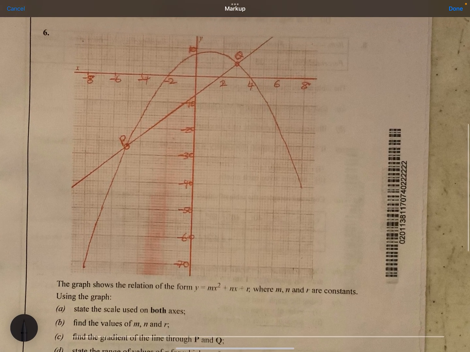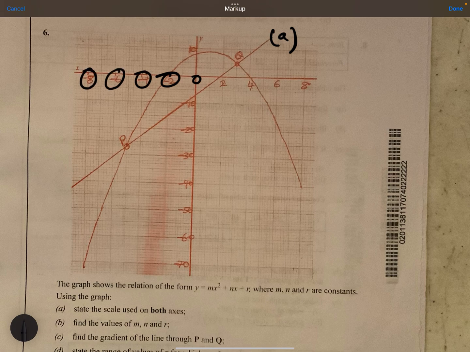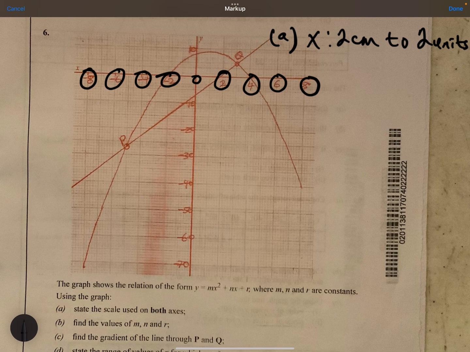That's the first question, question A. This is 0, -2, -4, -6, -8, and on the positive x-axis, this is 2, 4, 6, 8. So the scale on the x-axis is 2 centimeters to 2 units. 2 centimeters represents 2 units on the x-axis.